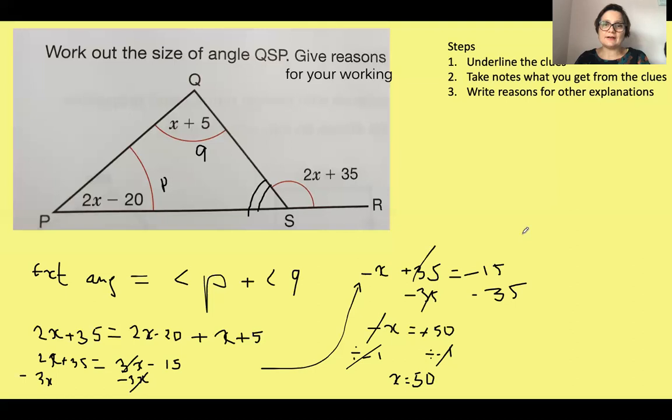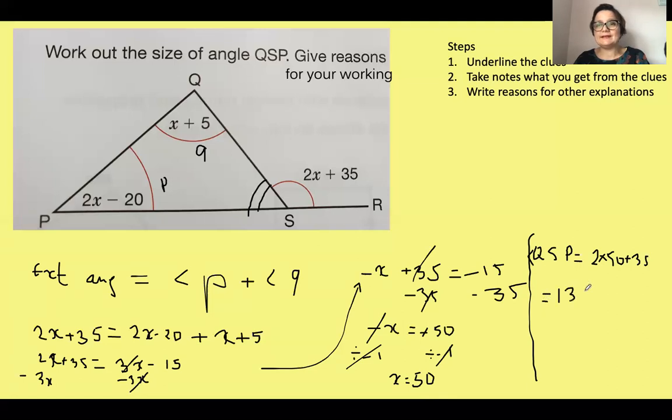So the angle QSP equals 2x plus 35. Let's substitute: 2 times 50 is 100, plus 35, 135 degrees. Okay, that's it.